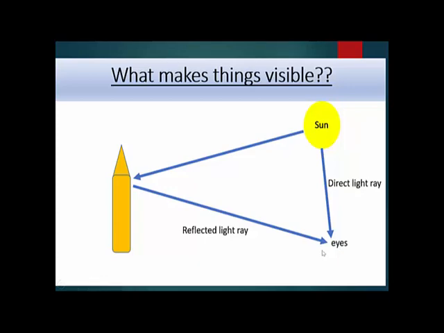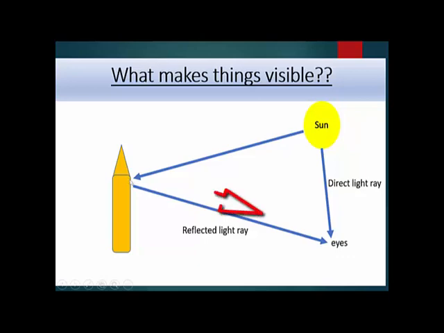Suppose, for example, the sun is not there, so it is pitch dark. Will you be able to see this pencil then? No, ma'am. Why? Because there is no light falling on the pencil. This light ray, the one coming from the sun to the pencil, is a direct light ray for the pencil.